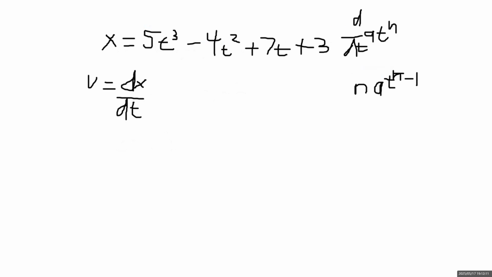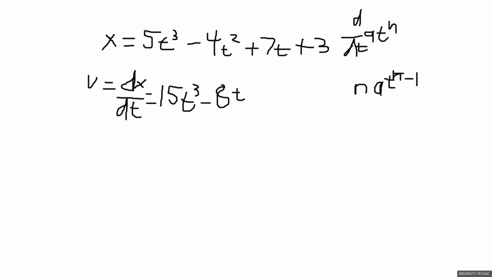So by applying that formula, we get this 3 goes down here, this becomes 15, 3 times 5 is 15, t squared. This 2 comes down here. Now, here we just have a power of t.